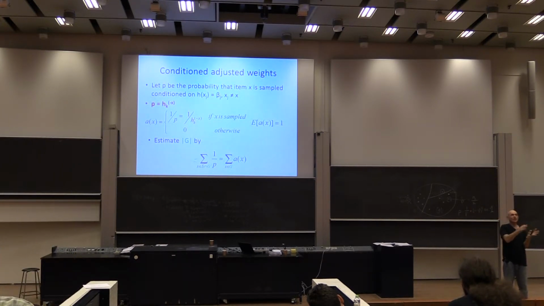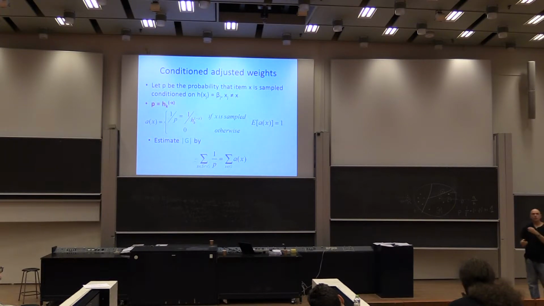So if X is not in my sample, I actually know this value because it's the kth largest in my sample. But then I don't need it, right? Because if X is not in my sample, the adjusted weight is 0. When X is in my sample, I need this number, but then it's right off mine, right? I have the k smallest. One of them is X, and among the other ones, I only have k minus 1. So I need an additional one.